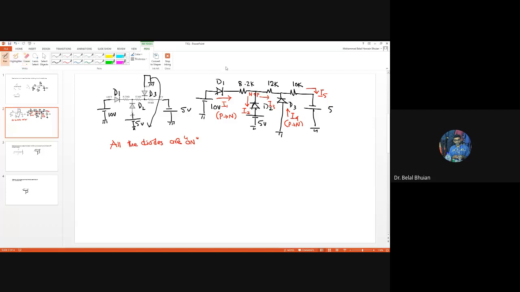So, okay, let's say this is how I assumed, but if you want to do the problems, you can assume in your own way. So let's assume all the diodes are on, and if all the diodes are on, we are going to replace the diode with 0.7. So let's do it on the same circuit.